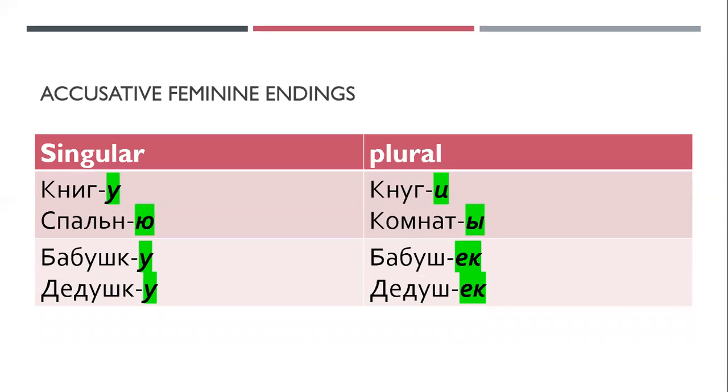Now for feminine, for singular, we have книгу, and in plural we have книги. For bedroom, we have спальню, and for rooms, we have комнаты.